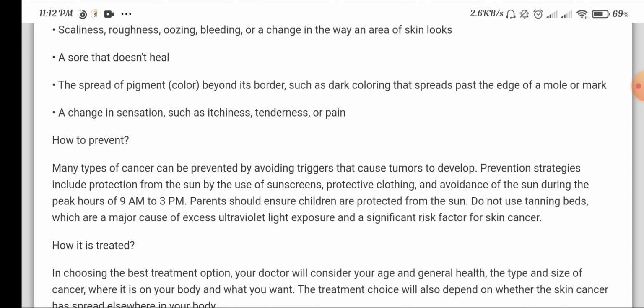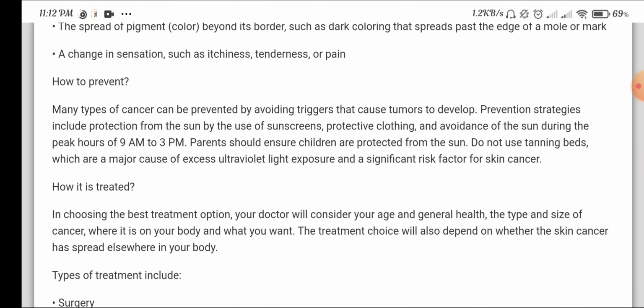Do not use tanning beds, which are a major cause of excessive ultraviolet light exposure and a significant risk factor for skin cancer.